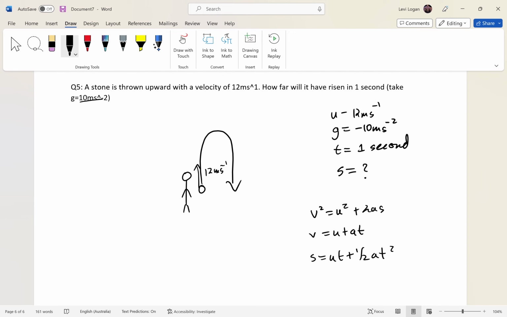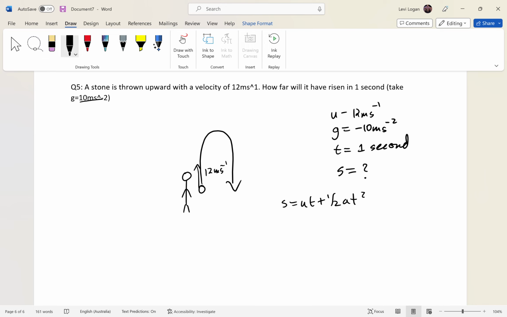We've got u, so we can use any of these equations. We've got acceleration, and we've got t. So this is the equation we have to use. We can't use this one or that one because they both have final velocity, and we don't need it in this instance. So we're going to use this equation here.